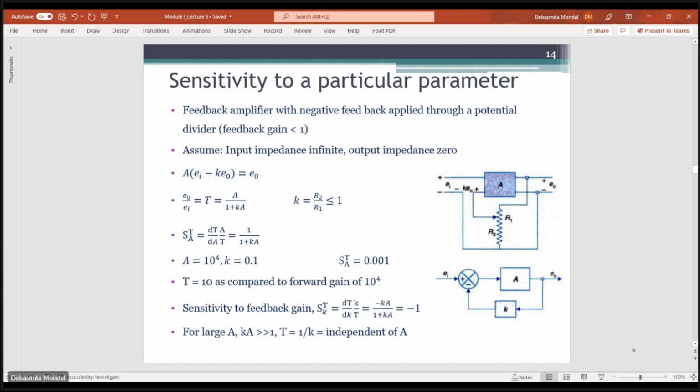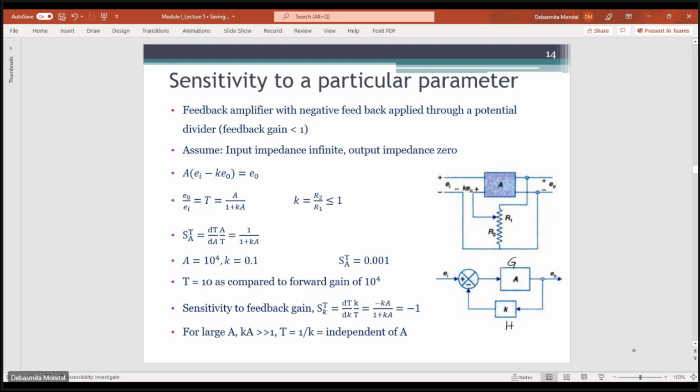The value of this feedback is given by K, which is the ratio of R2 by the overall R1 plus R2. As of now, we have seen that the forward loop is G and the feedback path is H. So you can write the overall transfer function: E0 by EI, given by T, equals A by 1 plus KA.